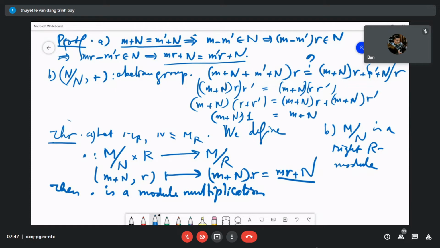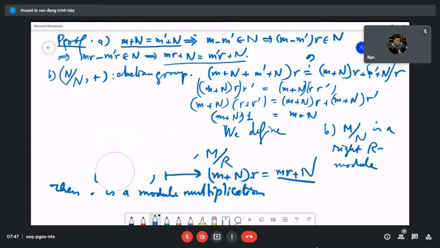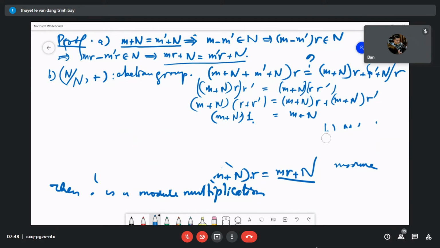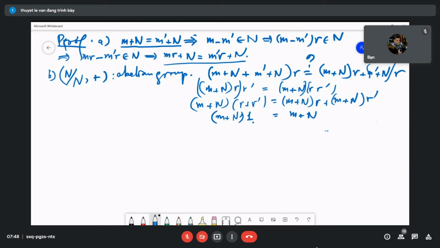You should check the axioms here. I can check one of these, for example, here. You can write (M+N)(R+R').